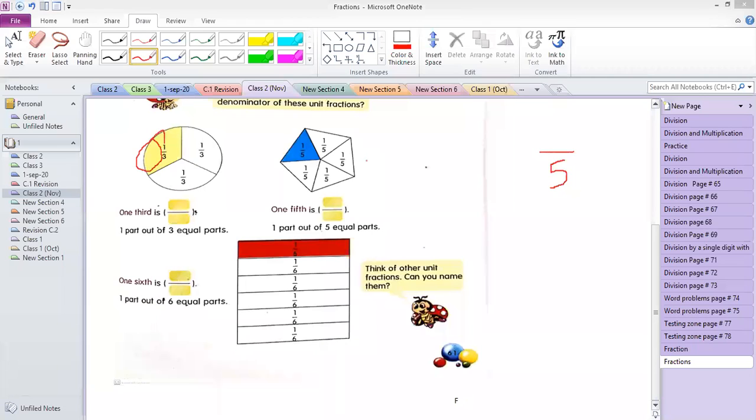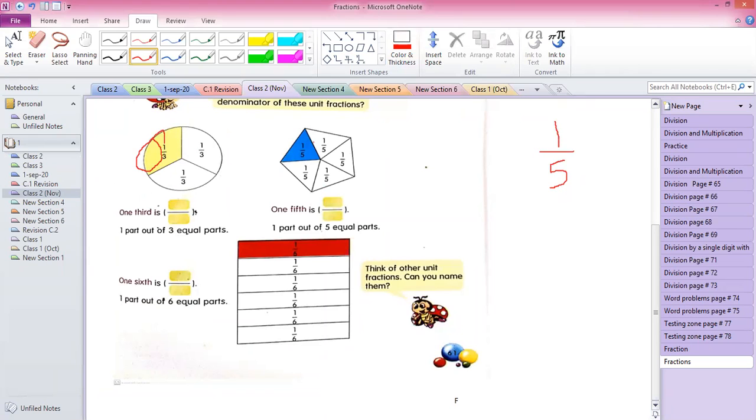Out of 5 parts, only one part is shaded. Right? So you will write 1 here. Very good. So this is 1/3 and this is 1/5.